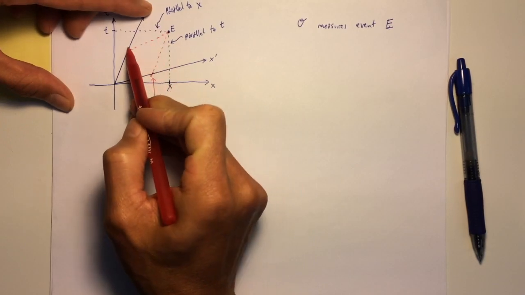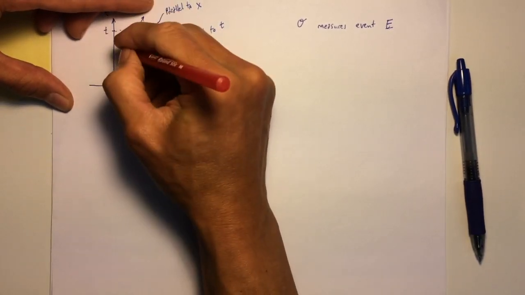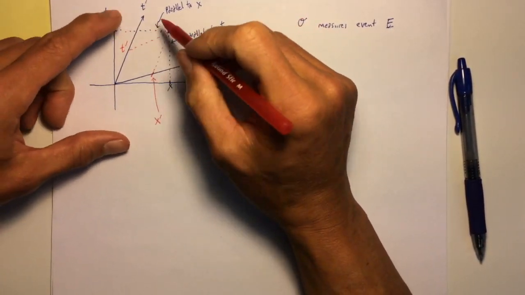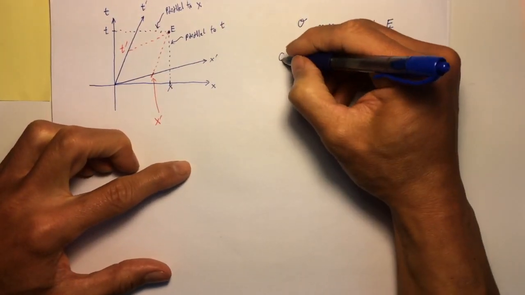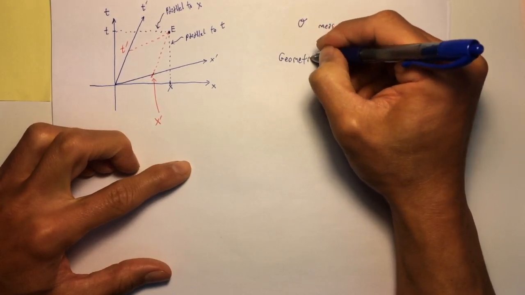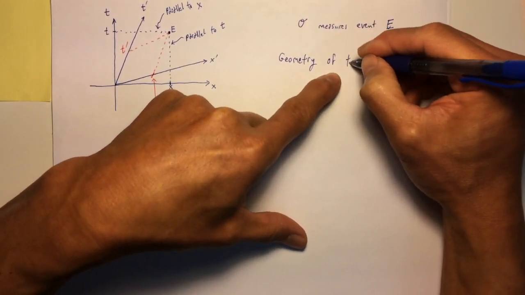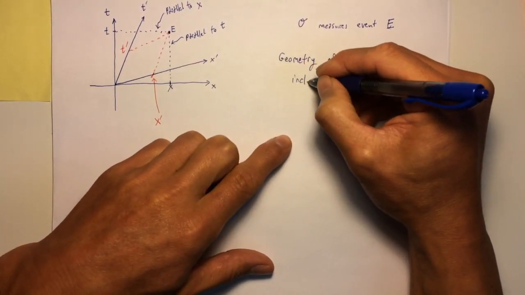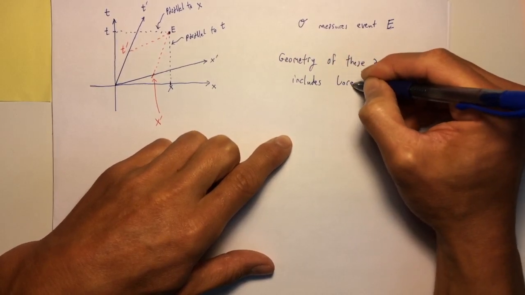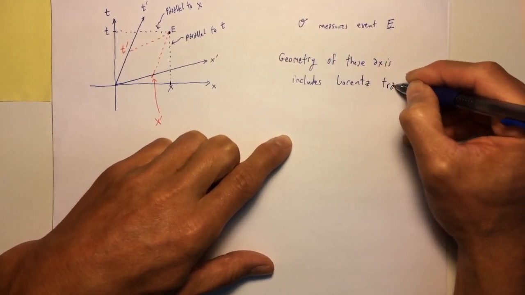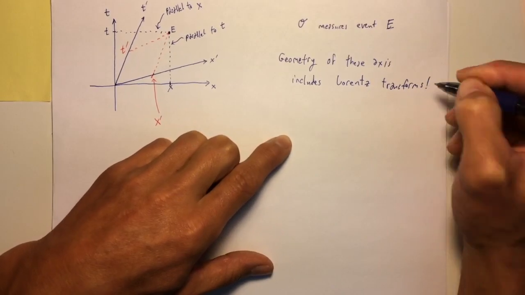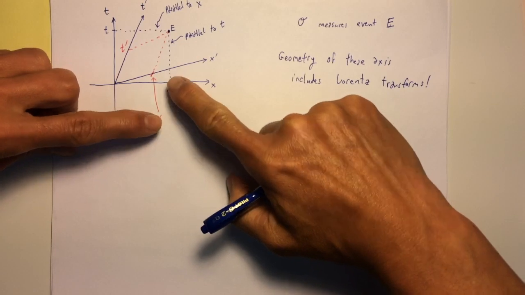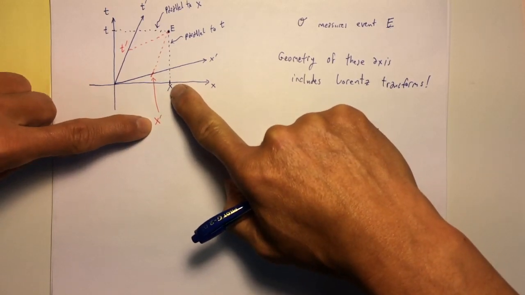So that's meant to be parallel to x prime. And this is t prime. And you can kind of see that this geometry includes Lorentz transforms. Can you see that x and x prime kind of read differently?